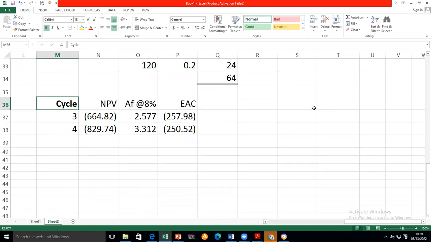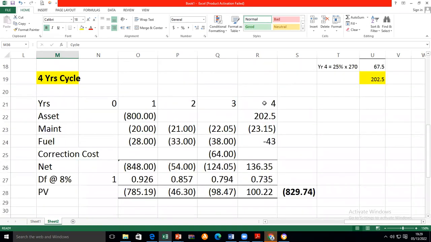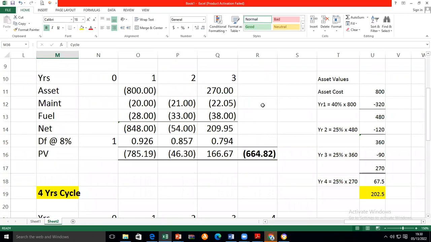Why do we annualize the figures to get the equivalent annual cost? What's the thinking? We discussed that here. Basically, we are looking at more like two projects: one is a 3-year project, and another one is a 4-year project. Each cycle is like a project whose time frame is different.